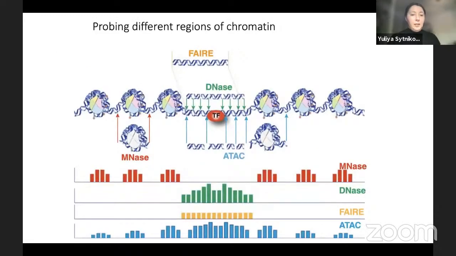Besides ATAC-seq, there are historically and currently a number of other methods developed for probing chromatin, and some of them give different information.